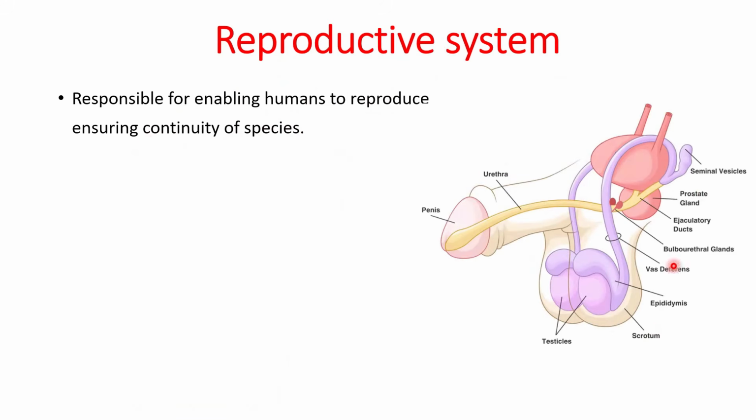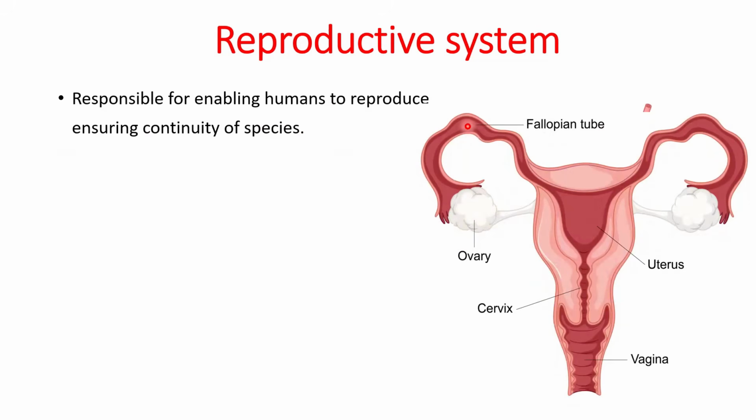This is the male reproductive system, comprising the external and internal genitalia: the testes with seminiferous tubules, epididymis, vas deferens, the prostate, seminal vesicles, the bulbourethral glands, the urethra, and the penis. In females, we talked about the fallopian tube, ovary, cervix, vagina, and uterus. All those are components of the reproductive system.